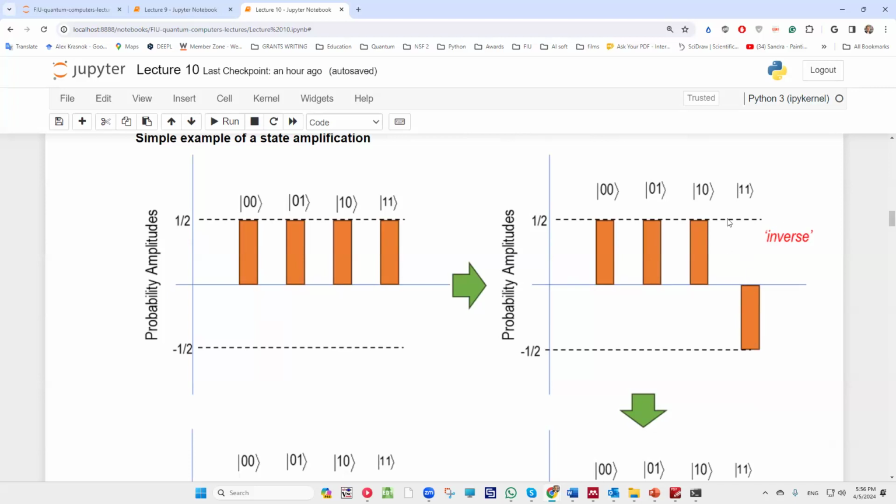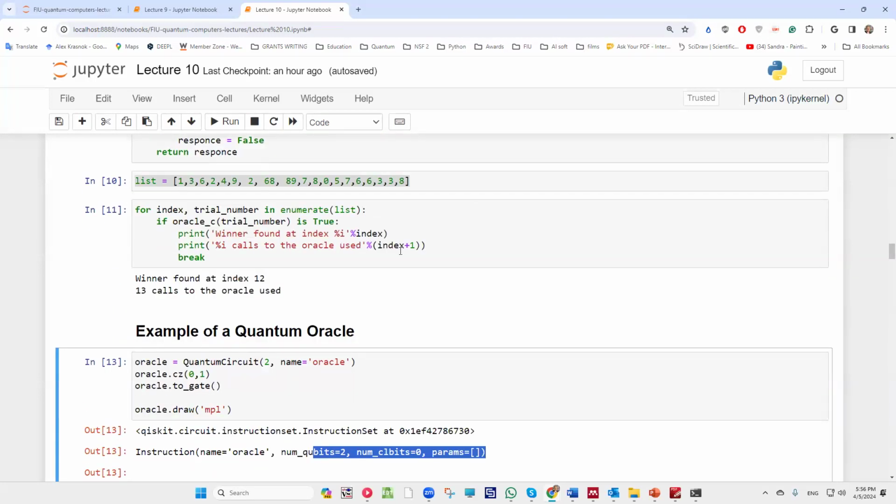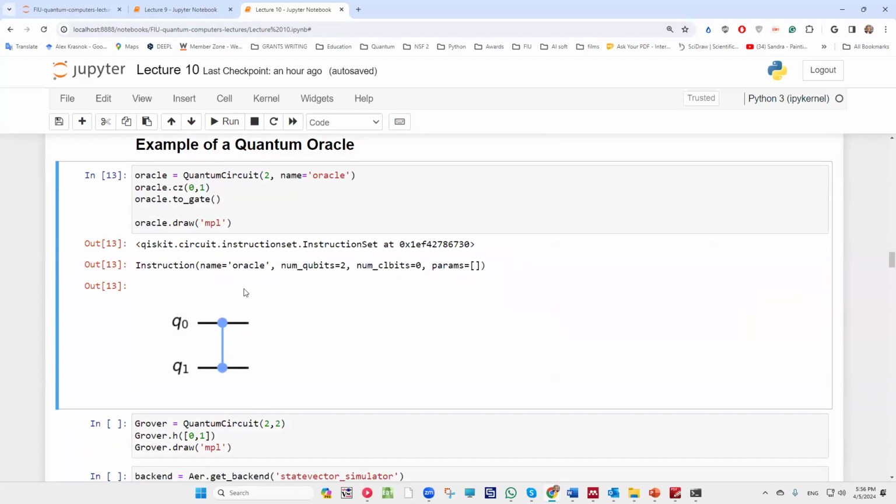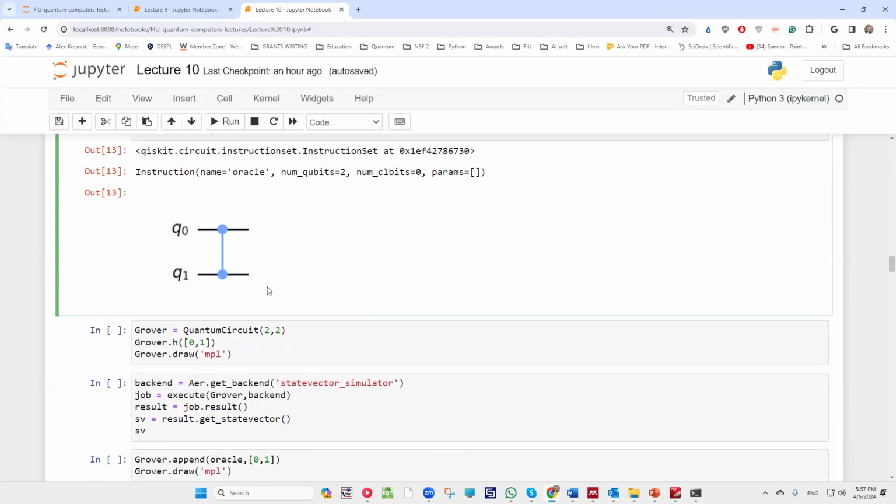Okay, so I refer to this example. I need to find this element 1, 1. That's why I design, I tailor and apply this oracle, which in this case is just a simple control Z gate. I encourage you to go to the lecture about the main single-qubit and 2-qubit gates.